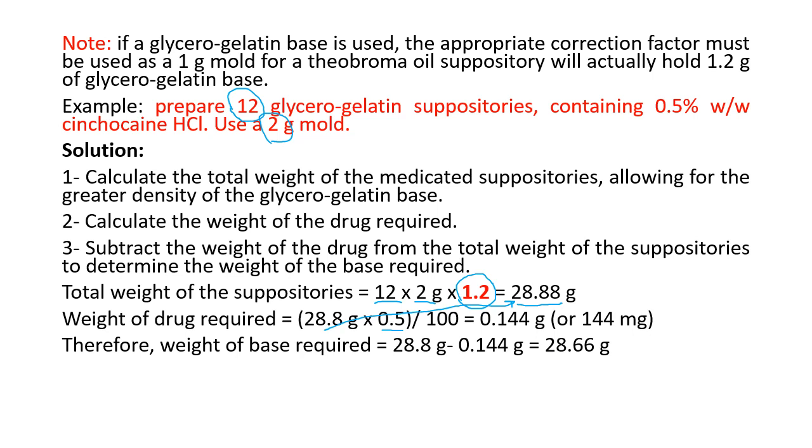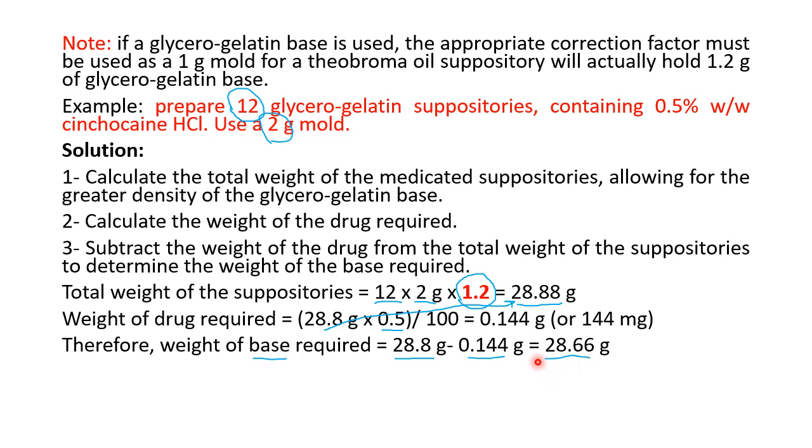This is the weight of the active ingredient. The weight of the base required to prepare the medicated suppositories would be the total weight of the suppositories, take away the weight of the active ingredient, and this gives 28.66 grams.